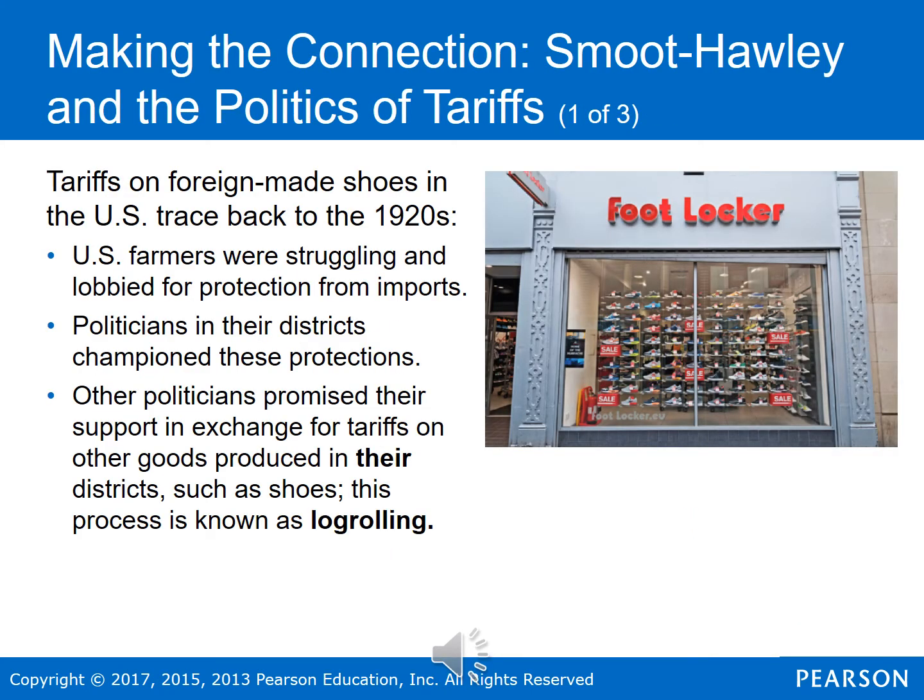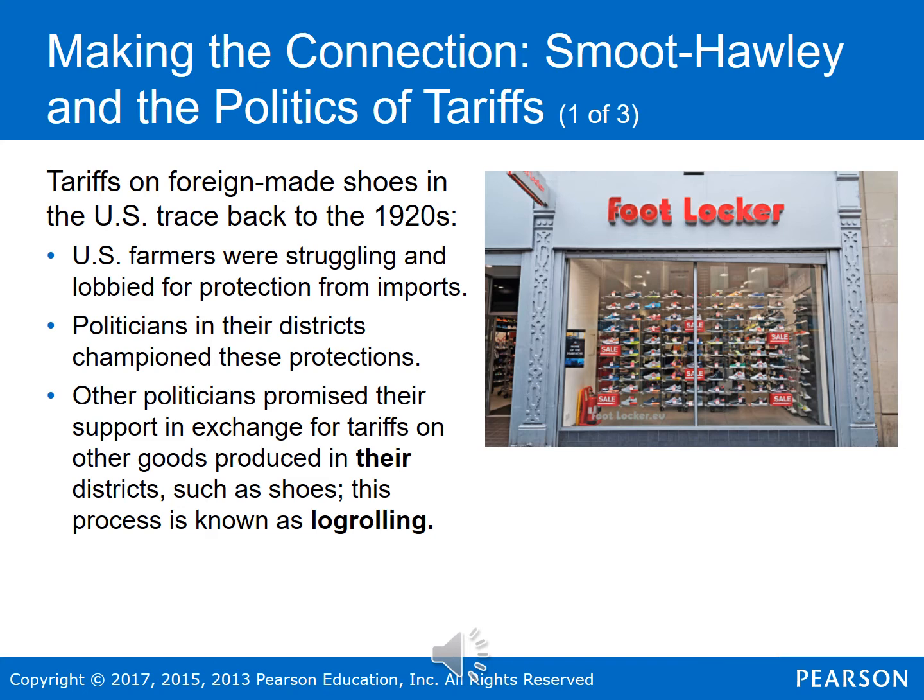So let's make a connection to something going on in the real world. Let's look at the Smoot-Hawley tariff. This is a very old tariff passed in the 1920s, and how the politics of tariffs work. So tariffs on foreign-made shoes began in the U.S. in the 1920s. Back in the 20s, in the early years of the Great Depression, U.S. farmers were struggling to sell all their crops at a high enough price for them to make money or even break even.